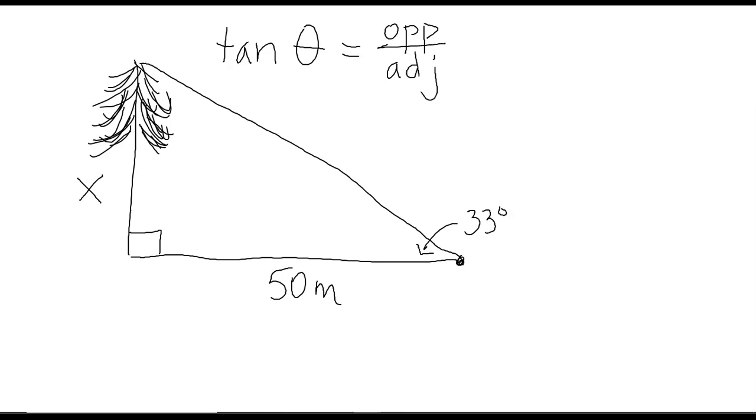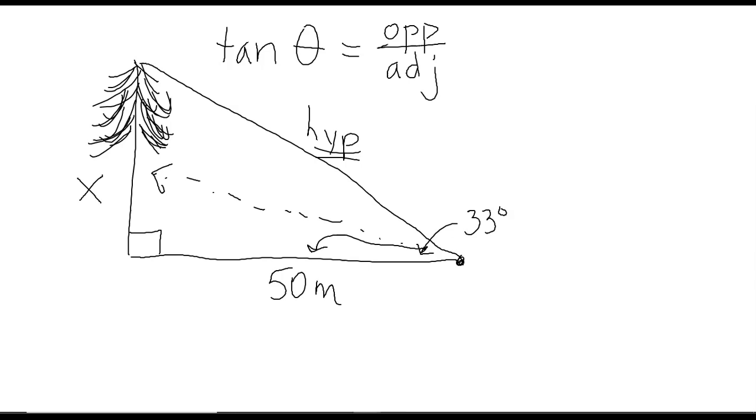Now, we also have a hypotenuse. Here's our hypotenuse. For tangent, we don't use the hypotenuse. We're using opposite over adjacent, and that's going to work perfectly for us here because from our 33-degree angle, opposite our 33-degree angle is the height of our fir tree, and adjacent to our 33-degree angle is the 50 meters away that we know that we are.